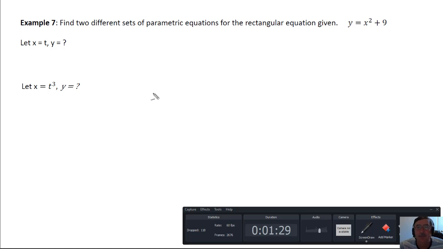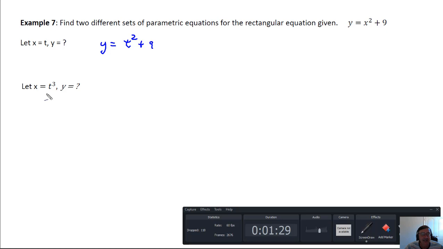All right, a similar example here. It says find two different sets of parametric equations for this rectangular equation, y equals x squared plus 9. Now again, when x is t, y is going to equal t squared plus 9, so that's kind of an easy one to see.